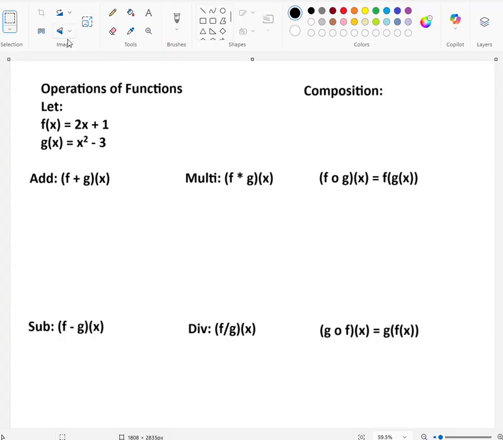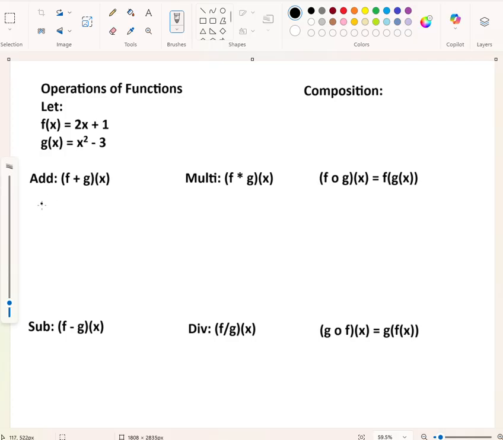Okay. So, how to solve operation of functions and composition. In this example, let f of x equal 2x plus 1 and g of x equal x squared minus 3. Here we have addition, so we have f of x plus g of x.